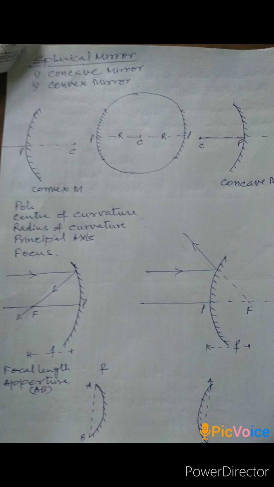In the convex mirror, a parallel light ray comes towards the mirror, and after reflection it appears to come from a fixed point on the principal axis called F, or focus. Now the focal length: the distance between the focus and the pole is called the focal length.